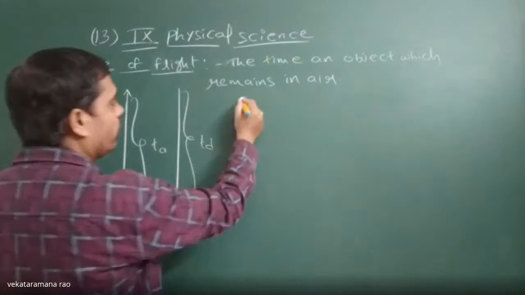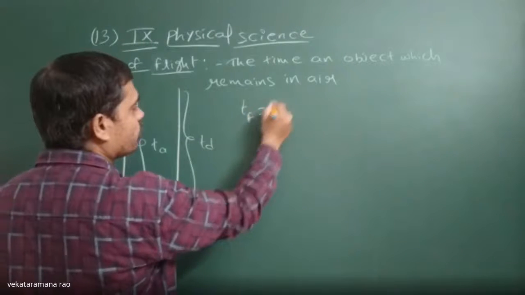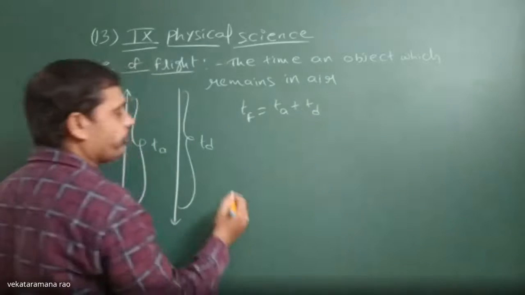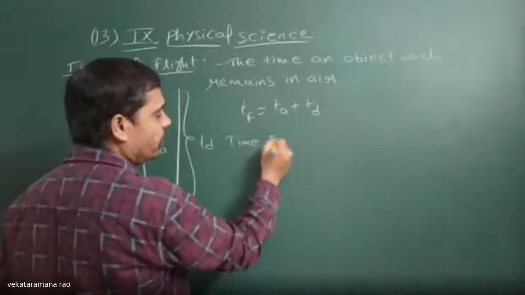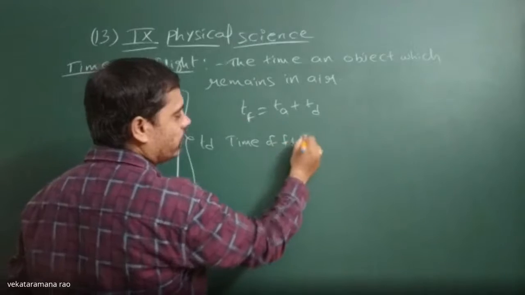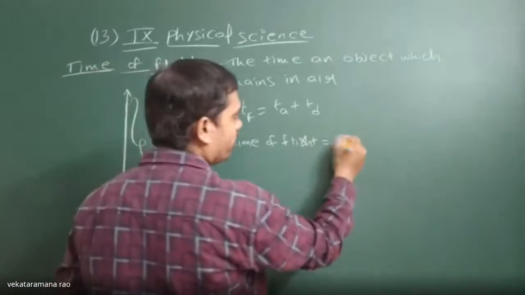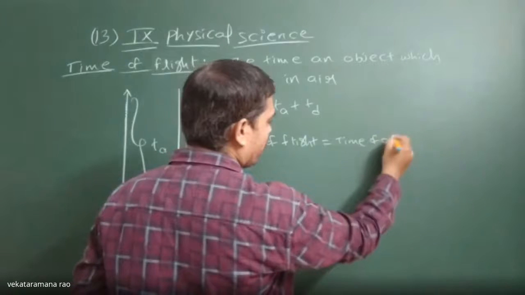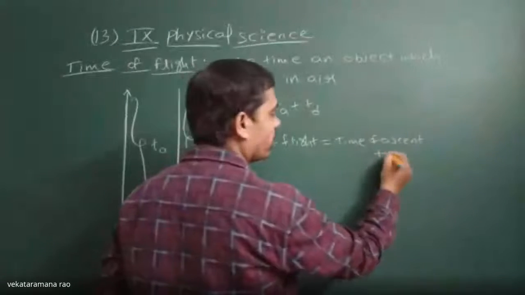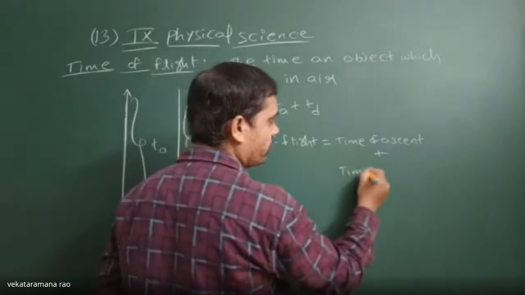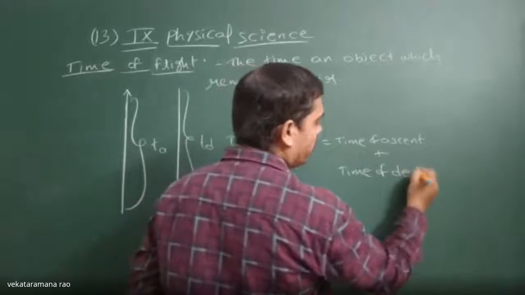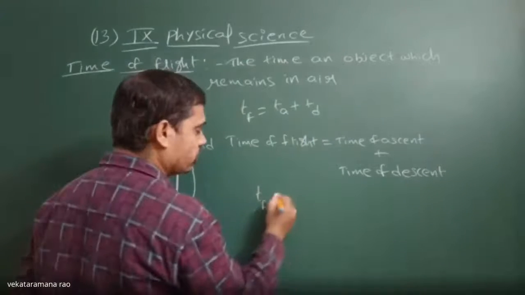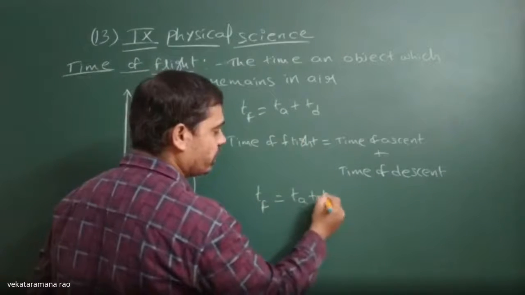Time of flight is equal to time of ascent plus time of descent. That means TF is equal to TA plus TD.